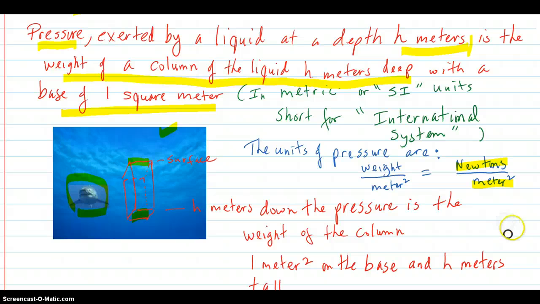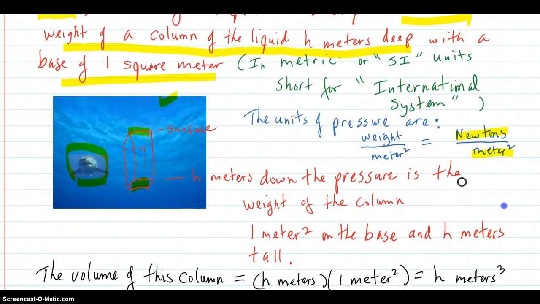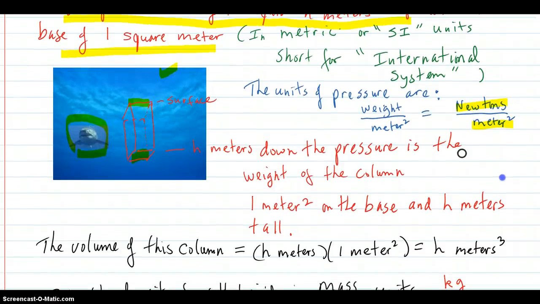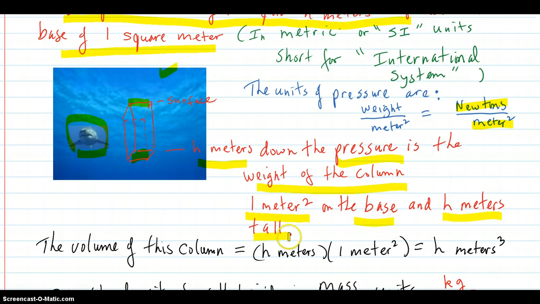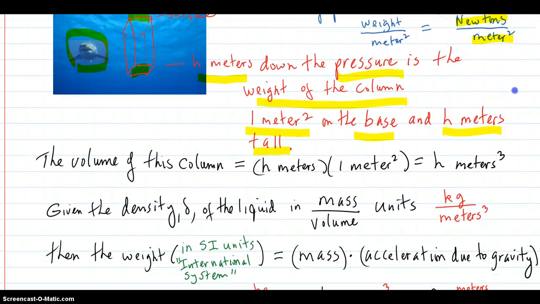That's what the pressure basically is. So h meters down, the pressure is the weight of the column with the 1 square meter base and h meters tall. So here we have it.